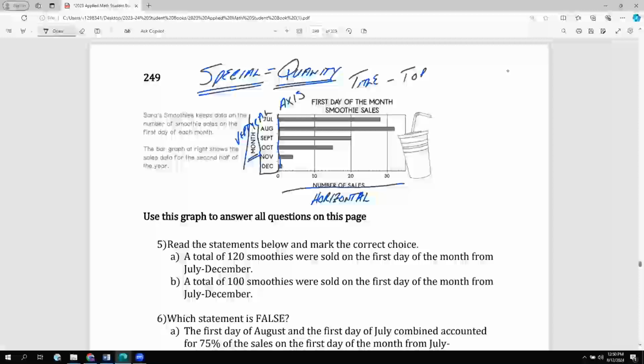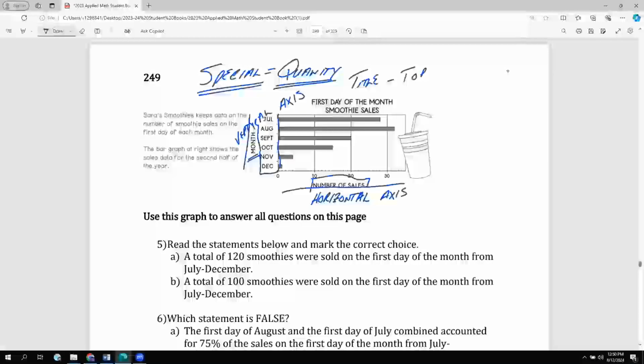Then I'll say, what is listed on the horizontal axis? And you would say, oh, that's actually the number of sales, the quantity. I'd say, yeah, exactly. So if I asked you a simple question here and I said, which month shows the largest quantity of sales for the first day of the month?